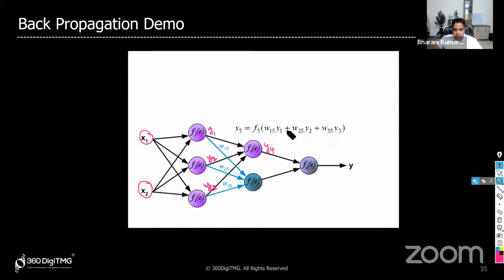Then this weight into this, plus this weight into this, plus this weight into this, would give you the integration. You pass it to your activation, and then you get y5.